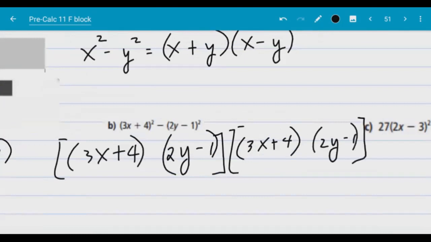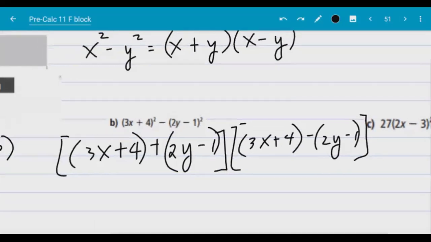And then, don't forget, you will have plus and minus. Okay, that is the most common mistake. Kids would forget this plus here and then this minus here, and then they would be multiplying, and then everything falls apart. And then we are going to simplify. All right? So, let's simplify this first. 3x plus 2y.